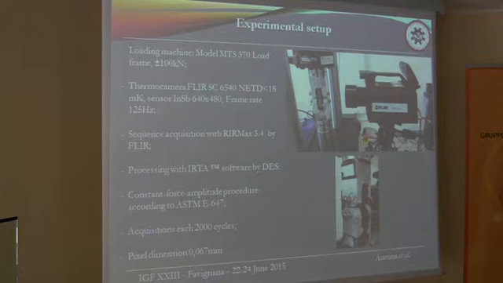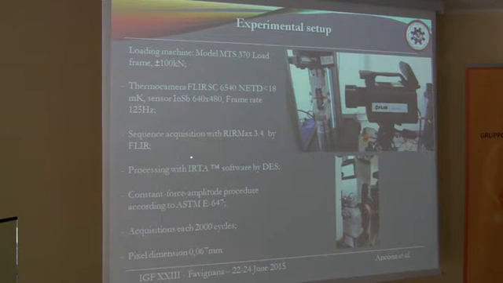So the setup provides a loading machine with a 100 kilonewton load cell, a cooled infrared camera with a frame rate of 125 Hz at full frame, but it's possible to have an elevated frame rate by reducing the analysis area.